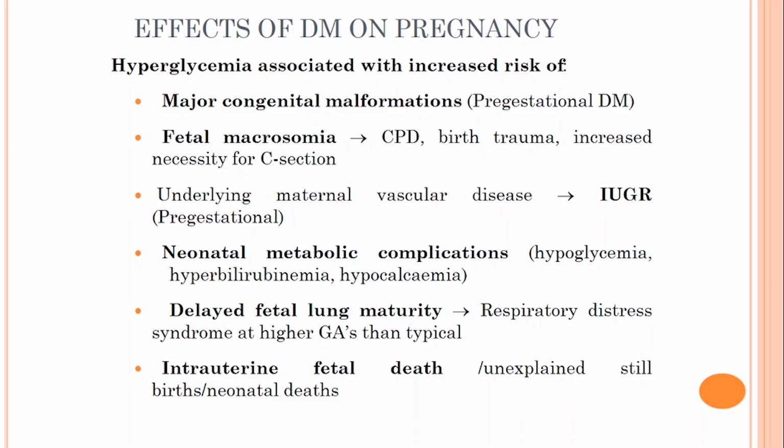So, what are the effects of diabetes on pregnancy? Hyperglycemia is the central insult that is associated with increased risk of morbidity and mortality in pregnancy. Number one, there is increased risk of major congenital malformation, and the primary insult is the hyperglycemic state.